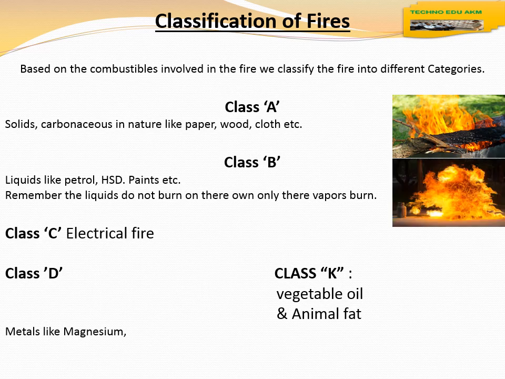Class B fires involve flammable liquids like oil, alcohol, or gasoline. In such cases, water should not be used to extinguish these fires. Class B fires involve ignitable liquids or gases like petroleum grease, black lubricating oil, alcohol, paint, propane, or gasoline.